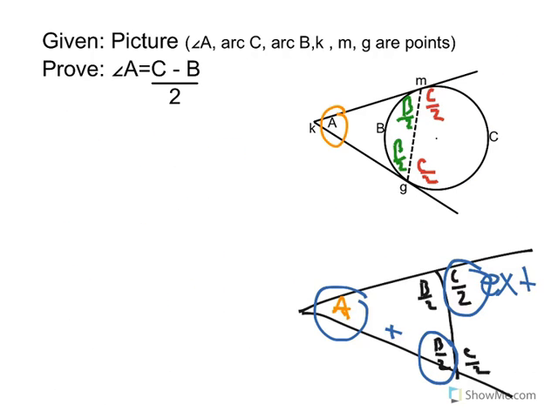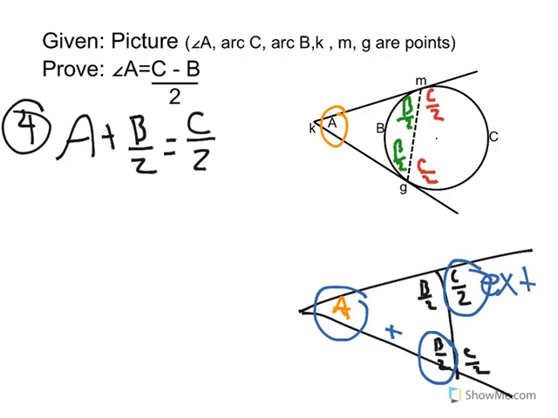So we're at step 4. So I can say that angle A plus B over 2 is going to have to equal C over 2. And the reason that I was able to do that is because it's an exterior angle. So I'm really close to having it look like what I want it to prove.